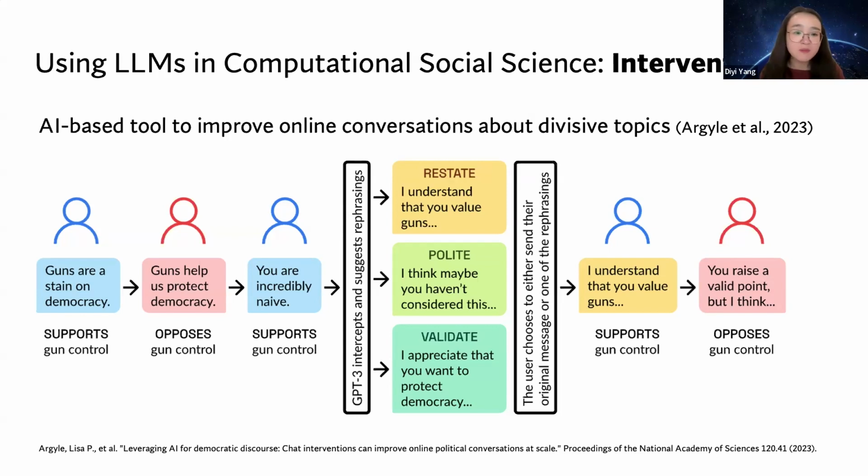They built an AI-based tool to improve online conversations about controversial topics. So here, instead of a specific response, the AI is going to suggest different ways of how the person should react. And then the user can actually pick any of them. And this might change the conversation for more pro-social outcomes.